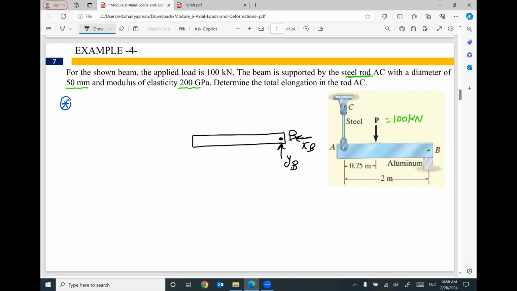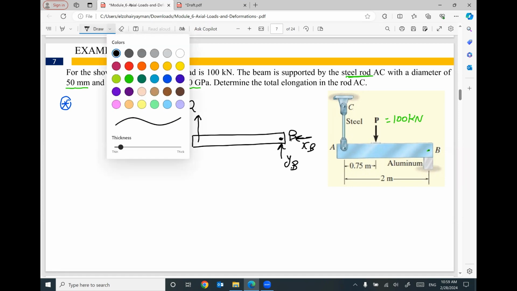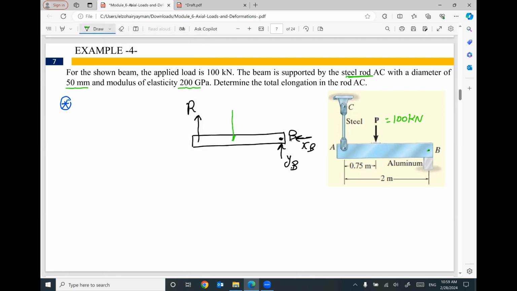And it is supported by a steel rod at A, that means we will have only one reaction in this rod, R. And we have this applied force, 100 kilonewton.